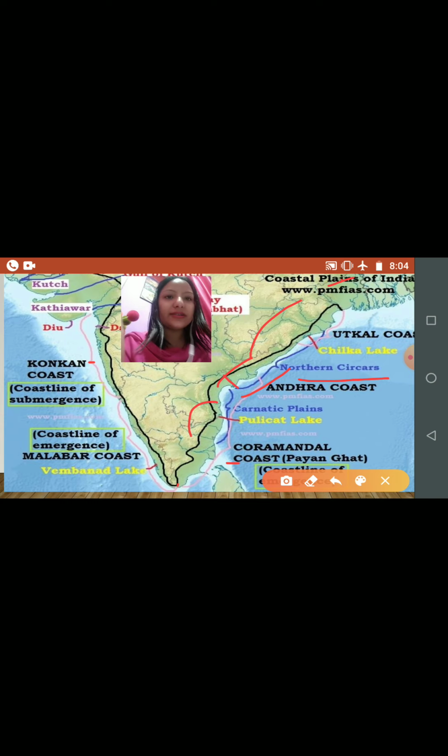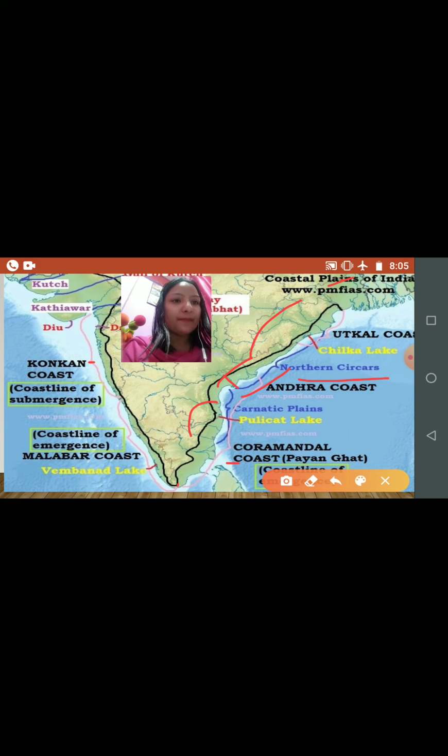Many rivers such as the Godavari, Krishna, and Kaveri form fertile deltas in the eastern coastal plain. However, as they also bring a lot of silt, the number of good harbors on this east coast is fewer. Some of these harbors are Paradip, Visakhapatnam, Chennai, and Tuticorin.